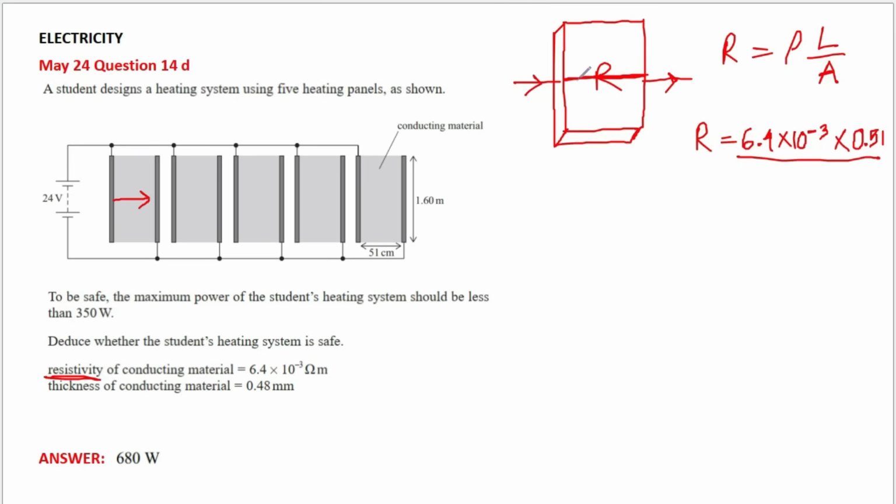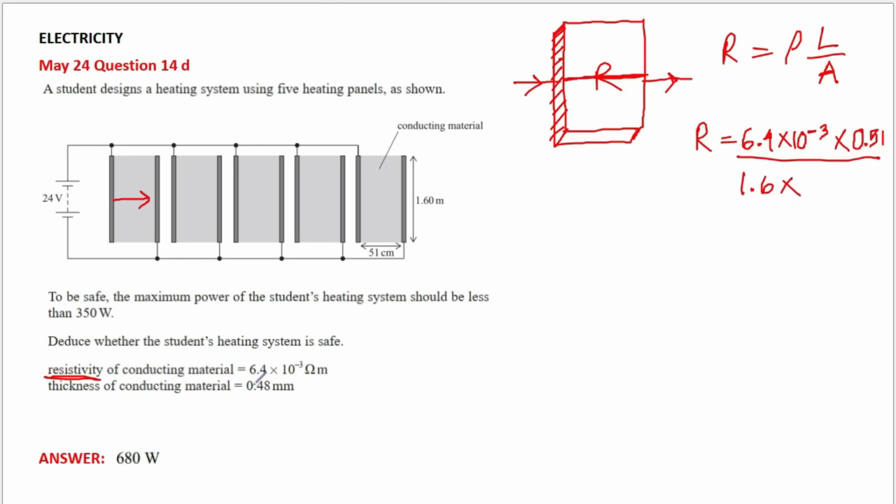Divided by area, the cross-sectional area. The cross-sectional area has to be perpendicular to the current. Always remember the cross-sectional area of a conducting material always has to be perpendicular to the current. So this is the area that you have to find out. So there is length into thickness. So length is 1.6 meter. Luckily it's given in meter. 1.6 times thickness is 0.48.